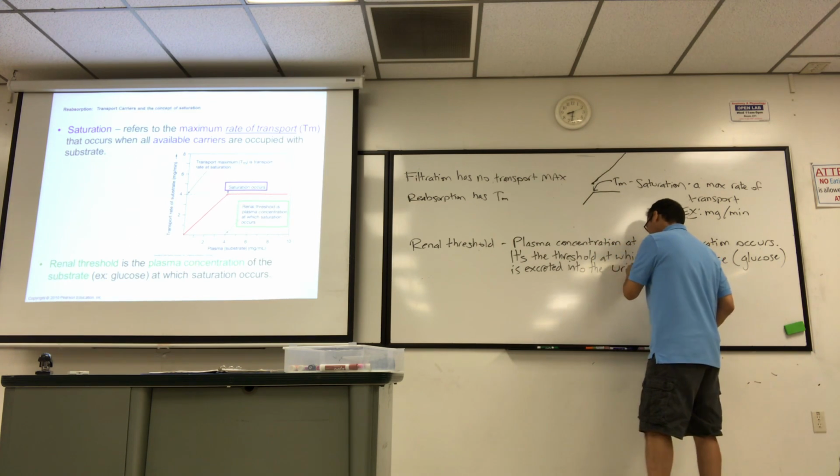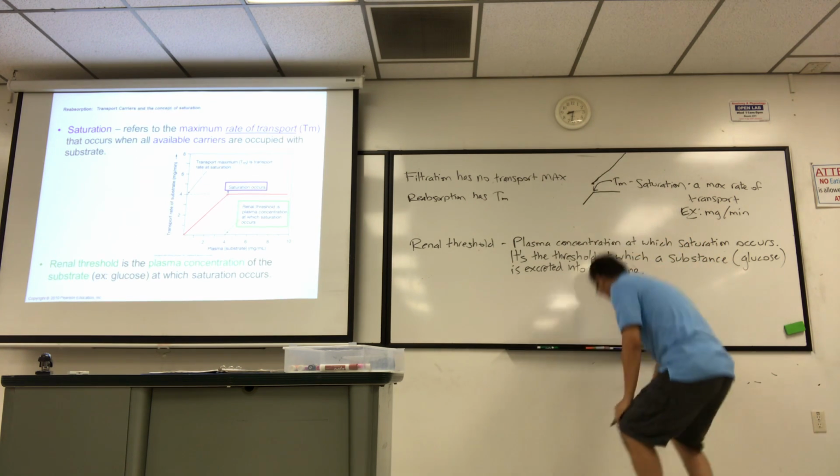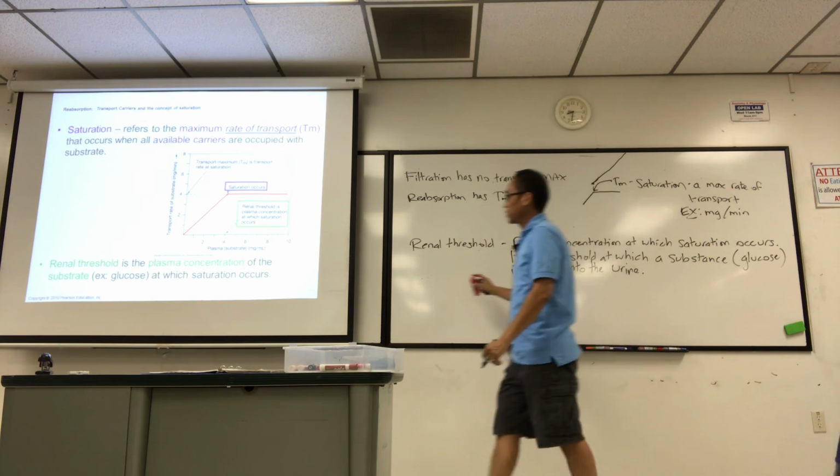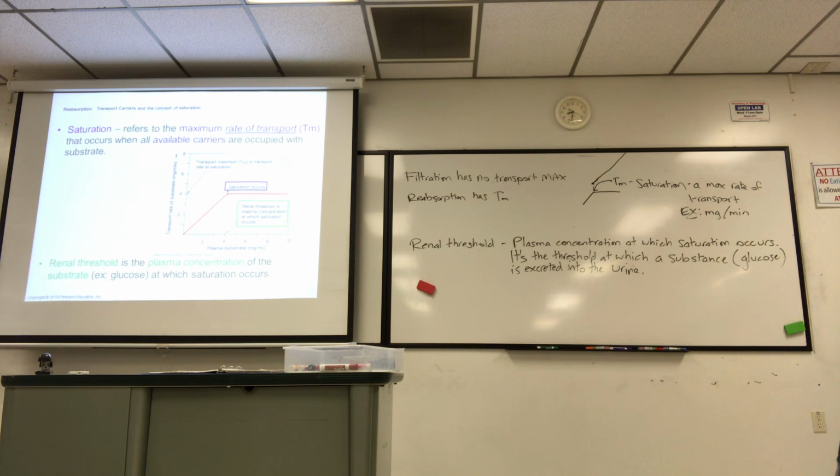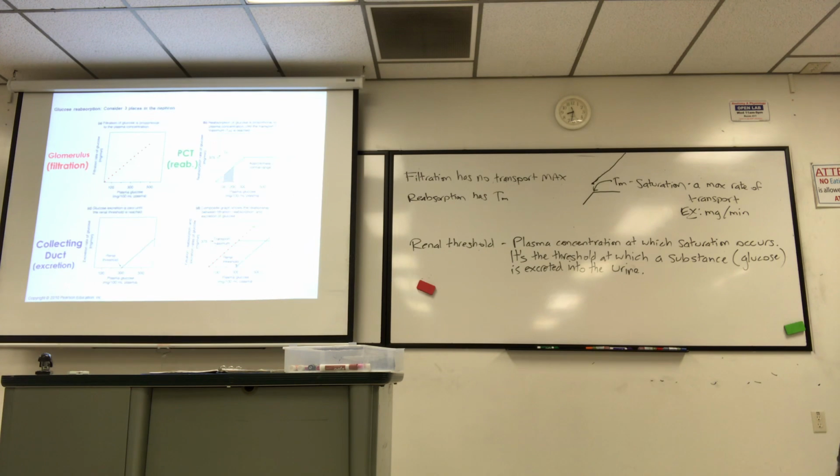Let's get that straight. So threshold is important. Blood sugar is too high. You can't reabsorb it all. We have sweet urine. And that's kind of shown here. And so let's make sense of these data slides. I kind of color-coded it, and I put the function here so you can see. Here's filtration at the glomerulus.